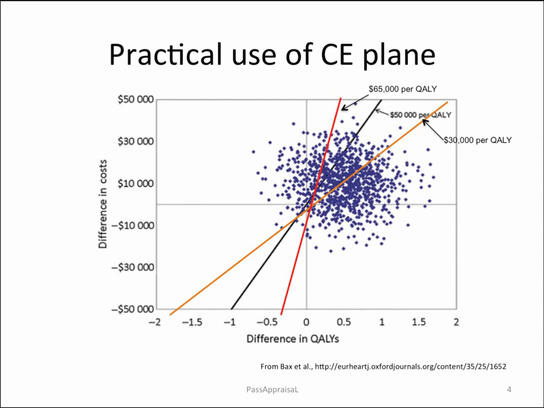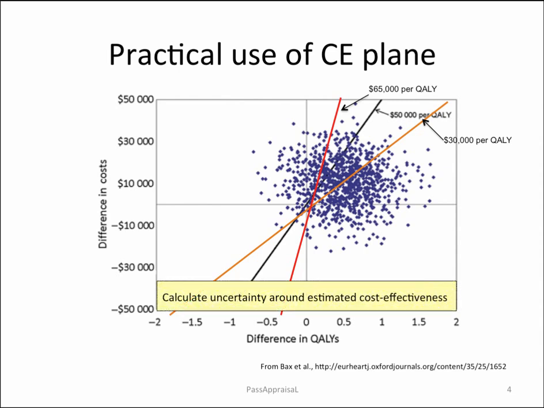So, if we know a decision maker's acceptable ceiling of willingness to pay, we can then estimate the probability that a given intervention will become cost effective. In other words, for any given budget, we can calculate the uncertainty around the estimates of cost effectiveness using a cost effectiveness plane.